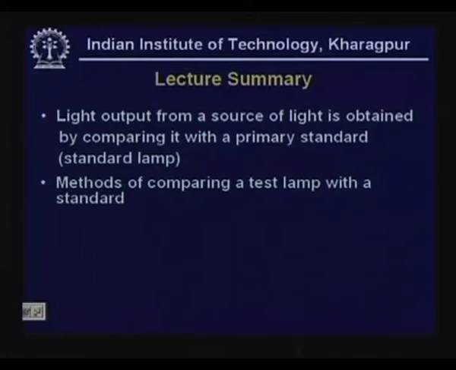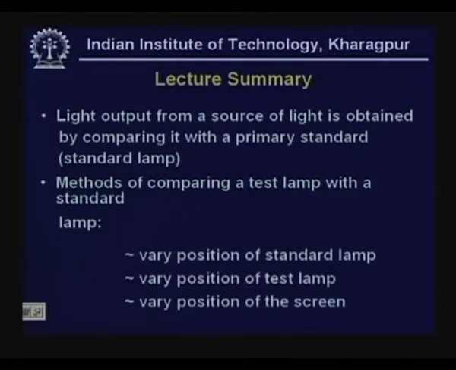A photo head is nothing but an opaque screen, and this type of measurement is subjective in nature. Methods of comparing a test lamp with the standard lamp: number one, vary the position of the standard lamp, so you keep the photometric head and the test lamp fixed. The second could be to keep the standard lamp and the photometric head fixed, and vary the test lamp.